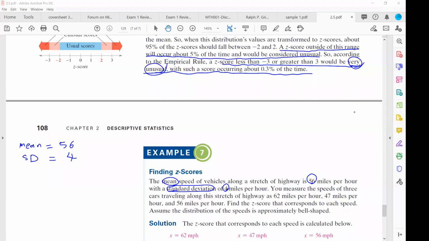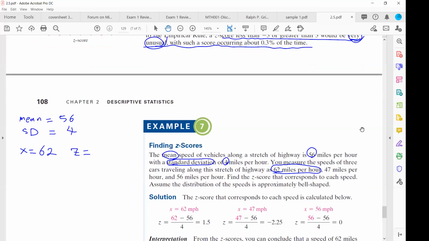Then your goal is to measure the speeds of 3 cars traveling along this stretch of highway, the first being 62. So my first X is 62. Let us find the Z value for X equals 62.